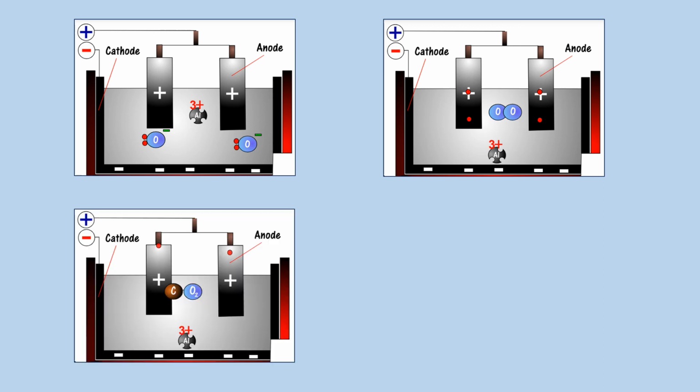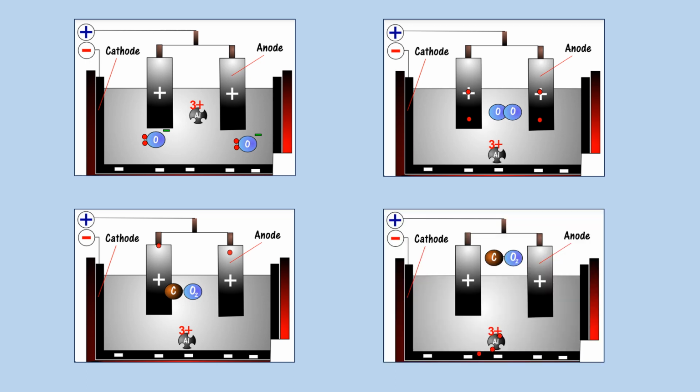That oxygen gas immediately reacts with the carbon of the electrodes to form carbon dioxide. And the electrons that came from the oxygen move through the electrolysis unit to the negative electrode to then collect on the aluminium ions to make aluminium atoms. And we can turn these into half equations.